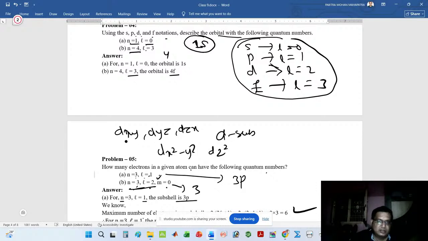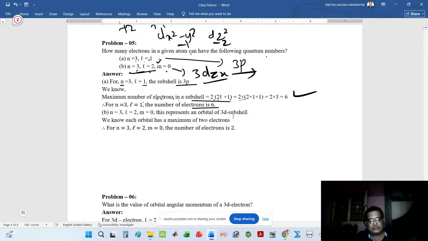These correspond to plus 2, plus 1, 0, minus 1, minus 2. Now m is equal to 0 is given, so think about 3dzx. This is the orbital, and you know that each orbital has 2 electrons. So let me explain the answer.